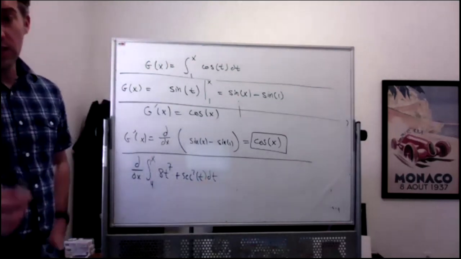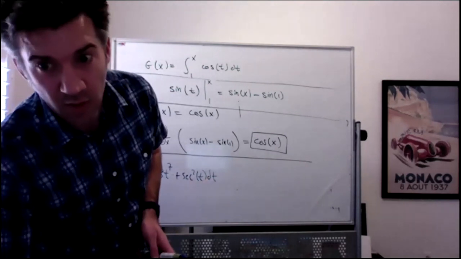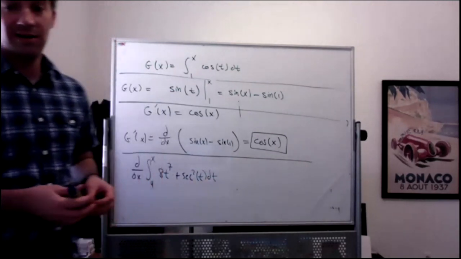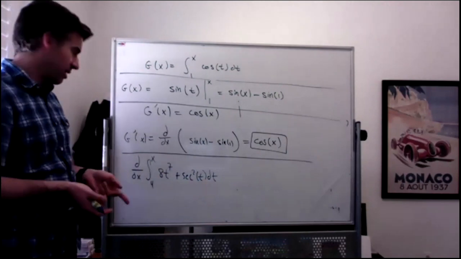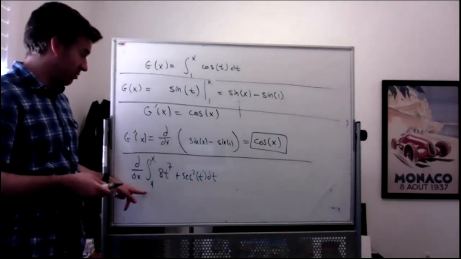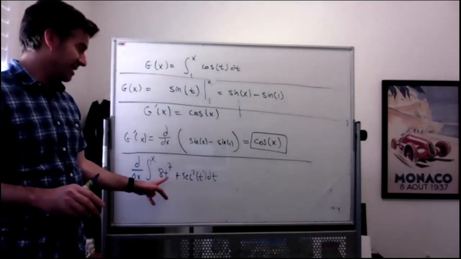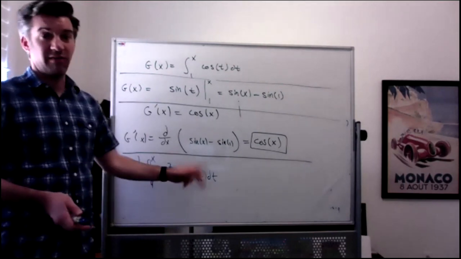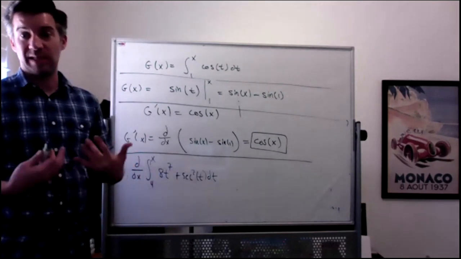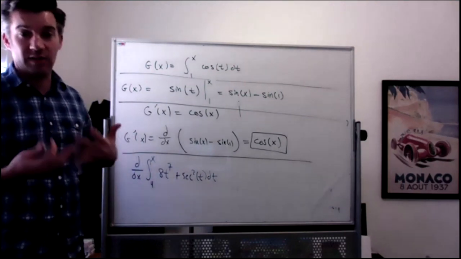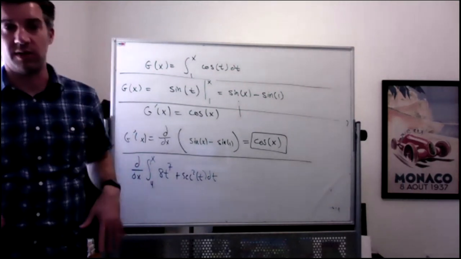Now we can do this by doing very little work or a lot of work. The very fast way is to say the derivative of the integral is just this function. We know the answer is going to be 8x to the 7th plus secant squared of x. I'm still going to show you the steps because it's good to see how this works a few times before we just start jumping straight to the shortcut.